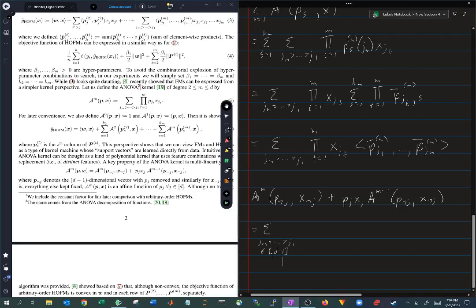Basically jm cannot equal d; it can only go up to d minus 1 because these are vectors of length d minus 1. All right, and then we have everything else. We have the product from t equals 1 to m of x_jt times p not j evaluated at jt. That's just by the definition.